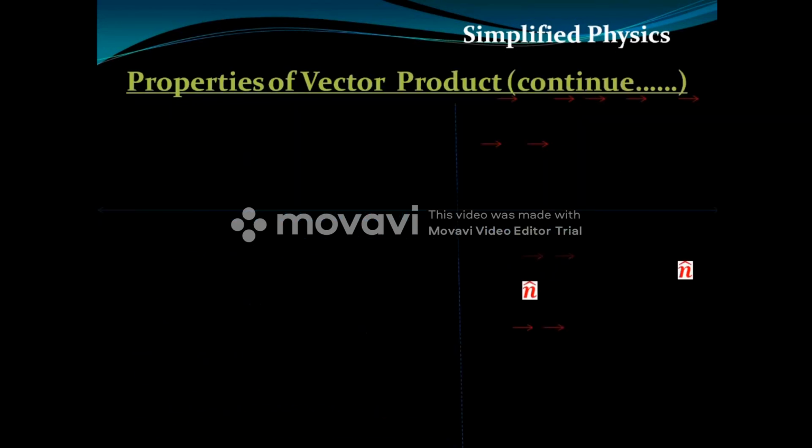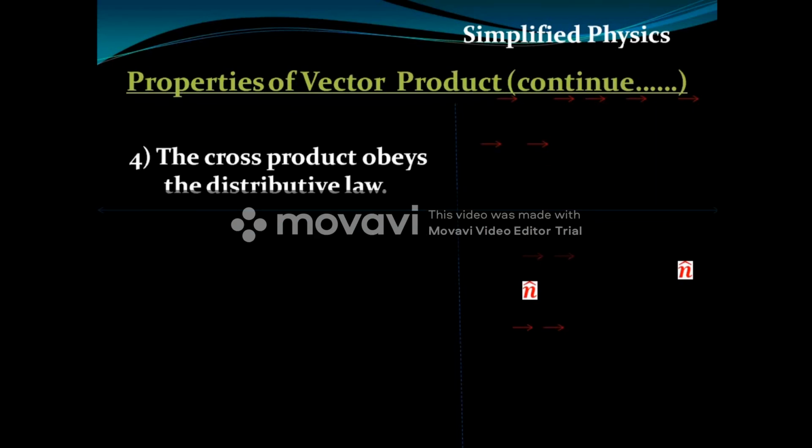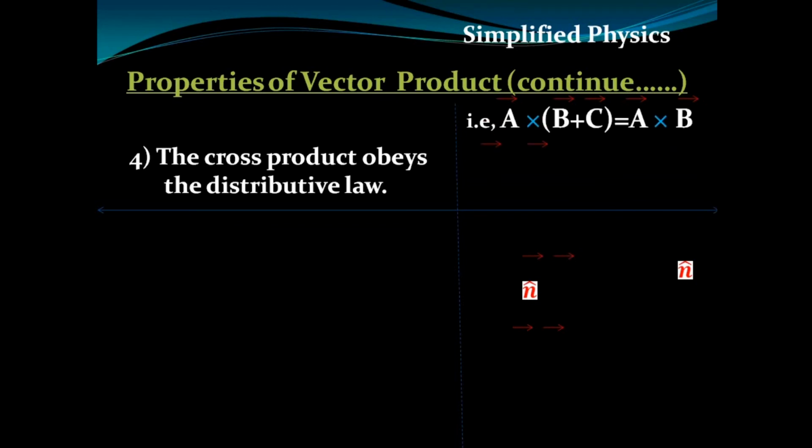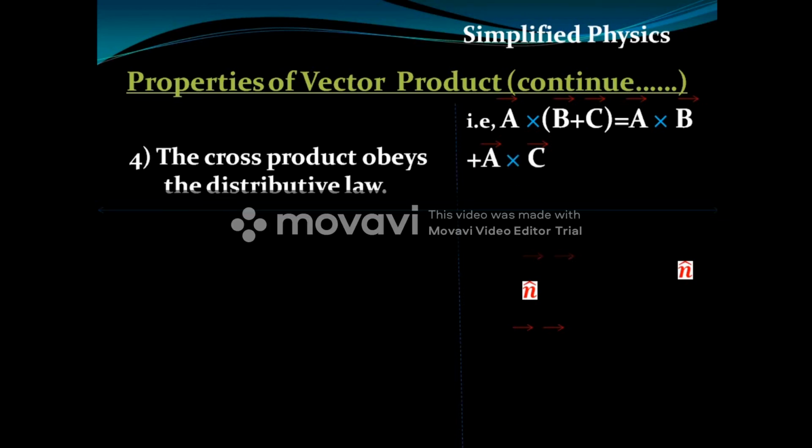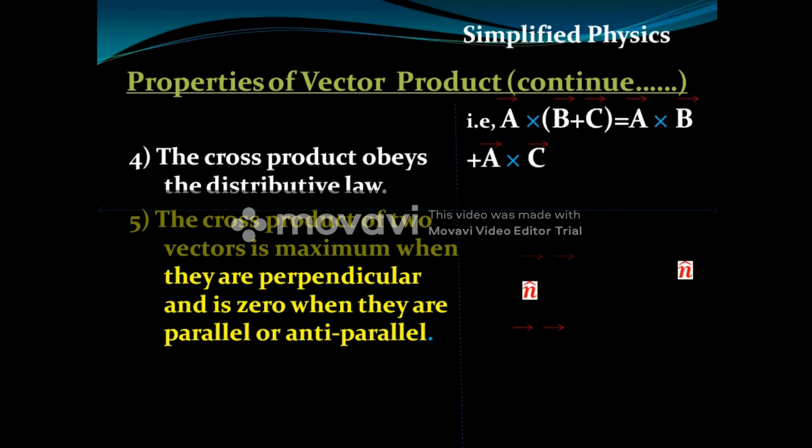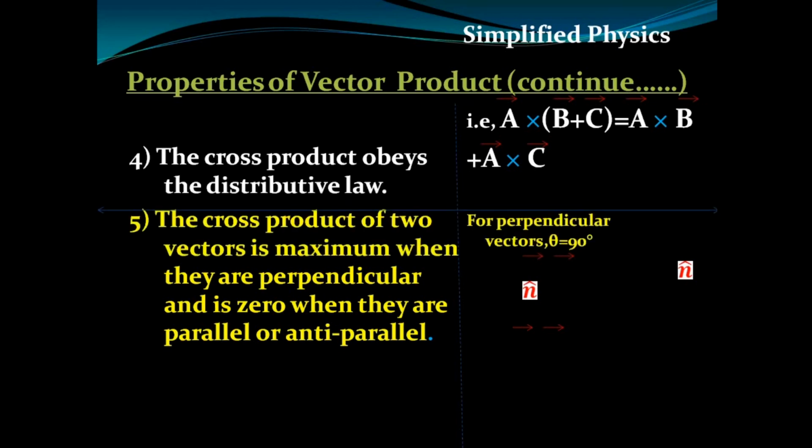Now let's go for the next property. Distributive law is obeyed by cross product as well. That means a vector cross b vector plus c vector means a cross b plus a cross c. The cross product of two vectors will be maximum when the angle is 90 degree, that means two vectors are inclined at 90 degree to each other, and 0 if they are parallel or anti-parallel.